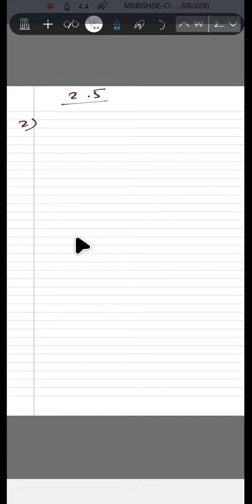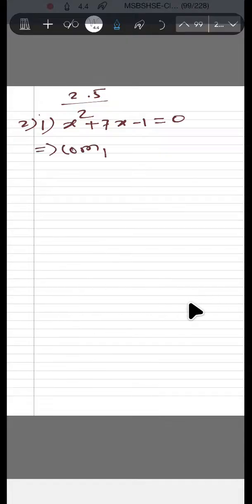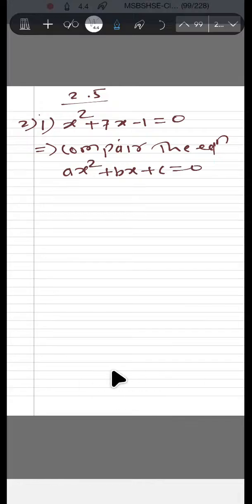In practice set 2.5, question number 2, the first question is x square plus 7x minus 1 is equal to 0. Compare it with the equation ax square plus bx plus c is equal to 0. So a is equal to 1, b is equal to 7, and c is equal to minus 1.